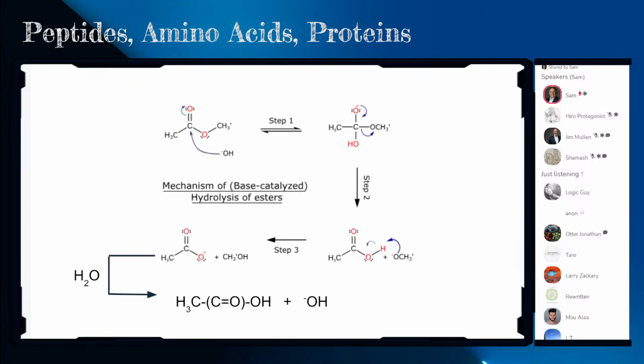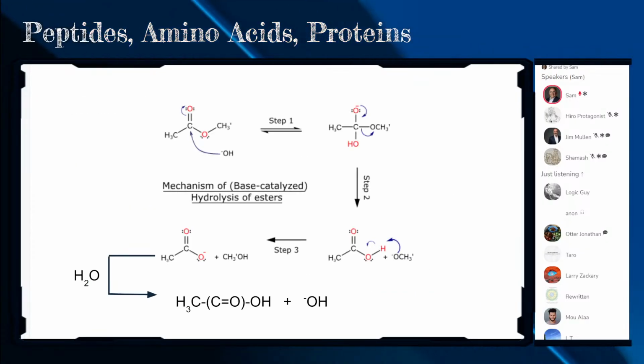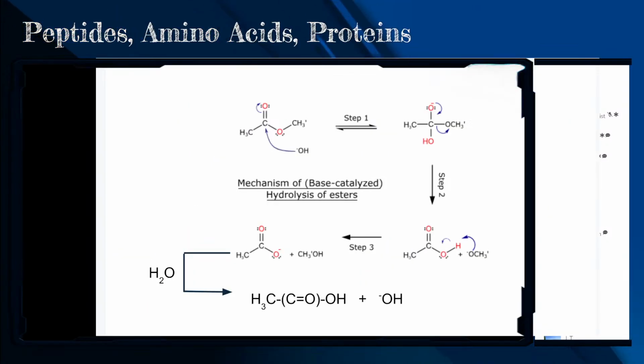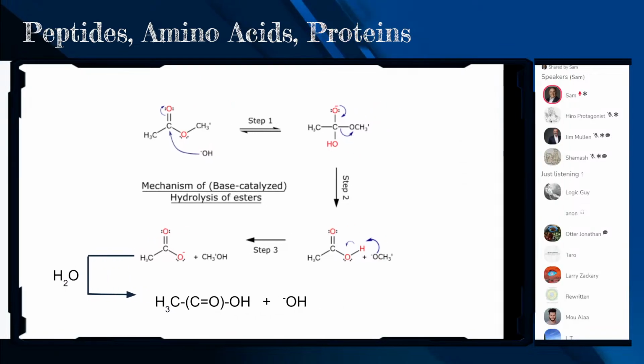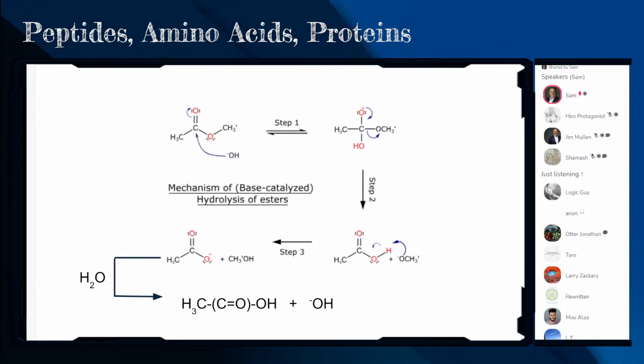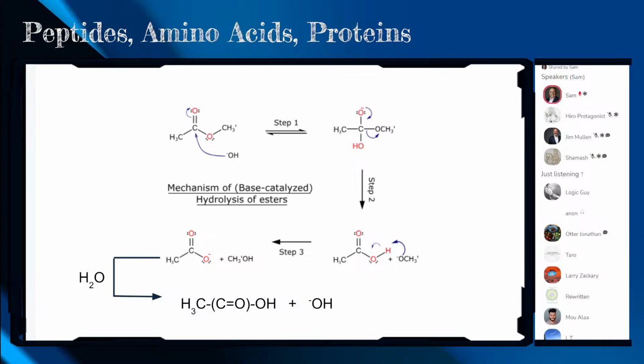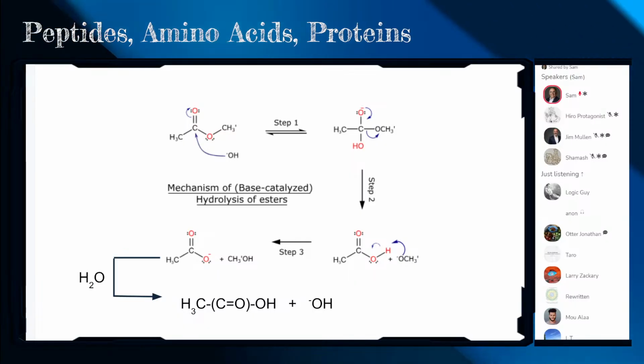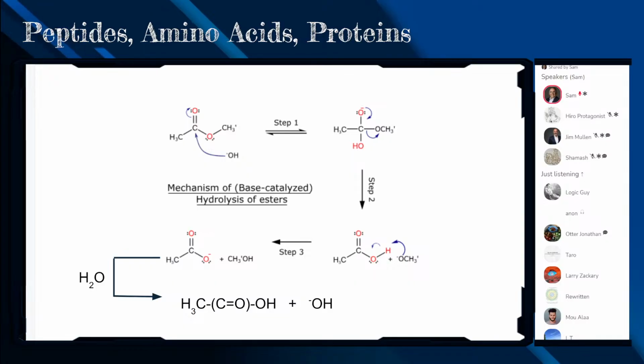So in the lab, this is slide 6. In the lab, we see how it is base catalyzed. Base here is OH minus, the hydroxide moiety. And so we see in the first step, hydroxide attacks the C double bond O, the carbonyl, to form that tetrahedral intermediate on the right.